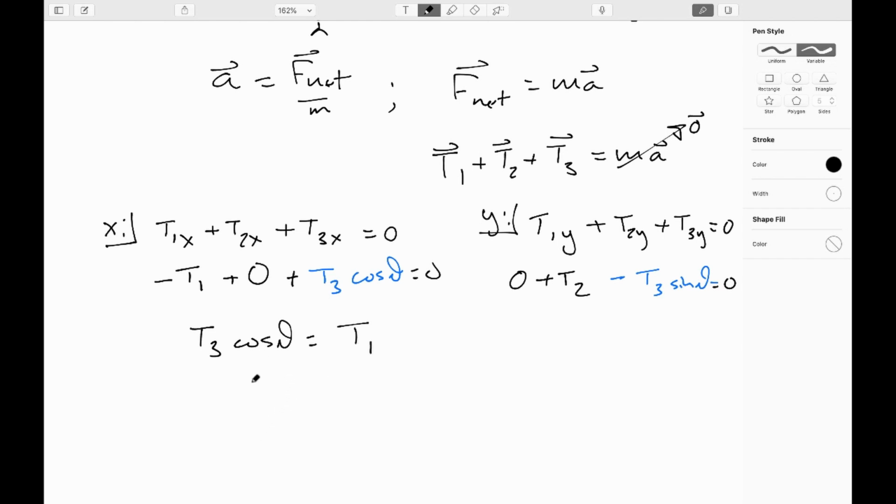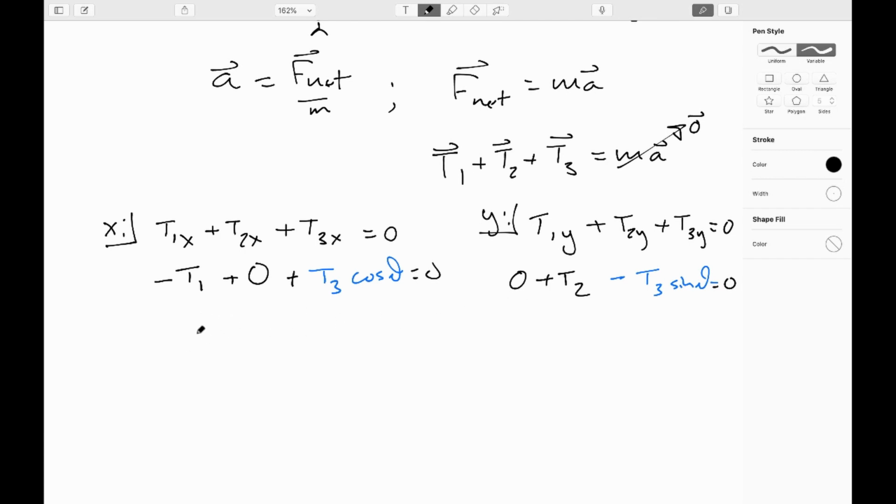Oh sorry, we don't know theta yet, my bad. So because we don't know theta, what we're going to have to do is solve one of these for T3, stick it into the other one. That will eliminate the T3, and then will give us an expression for our angle. So let's do that.